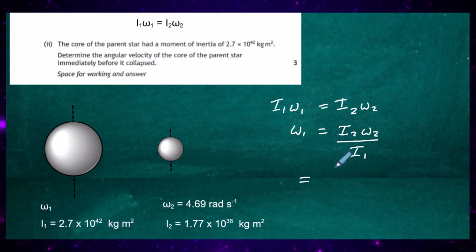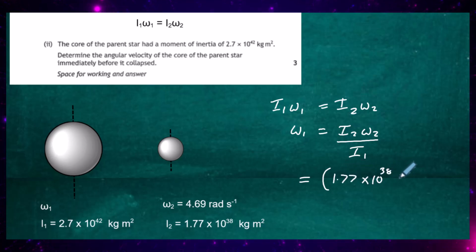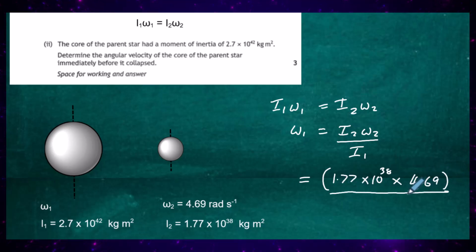We get I2 is going to be 1.77, we'll put this in brackets, 1.77 times 10 to the power 38. And we're going to multiply that by omega 2, which is going to be, in this case, 4.69. That was the angular velocity after the collapse, 4.69. We have to divide that all by the initial moment of inertia, I1, and that's going to be 2.7 times 10 to the power 42.